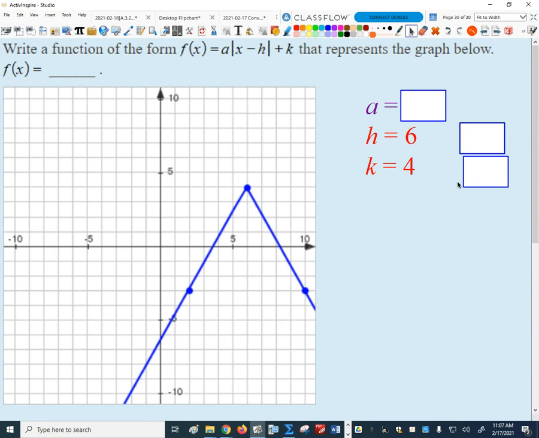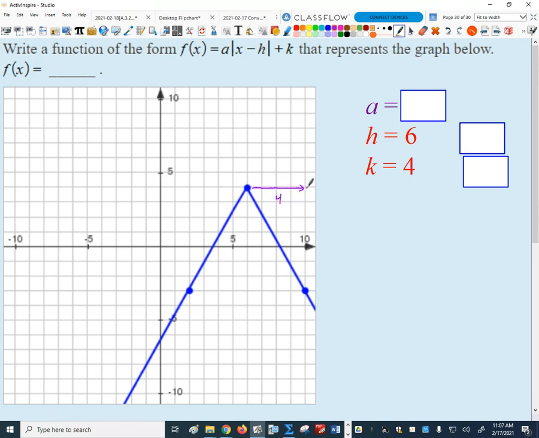Now, what about A? Okay, let's look at A. A is a little bit tricky. So I gave you some convenient points on this thing. Here's the vertex, and here's another convenient point that crosses at the corner of the graph paper, right? So let's look at this now. To get from this point to this point, I went to the right by 4, correct?